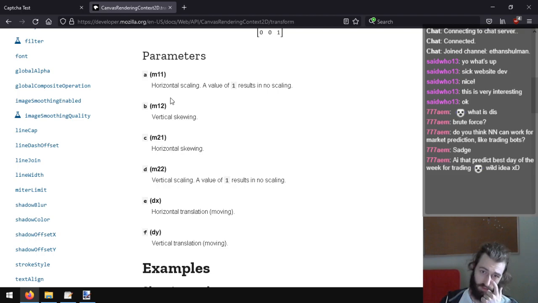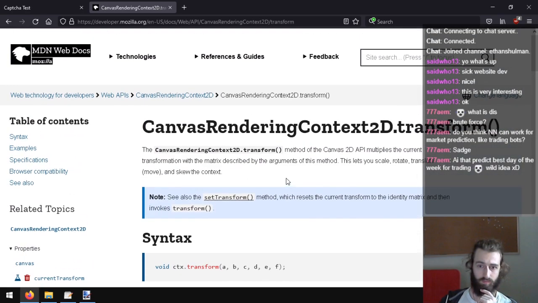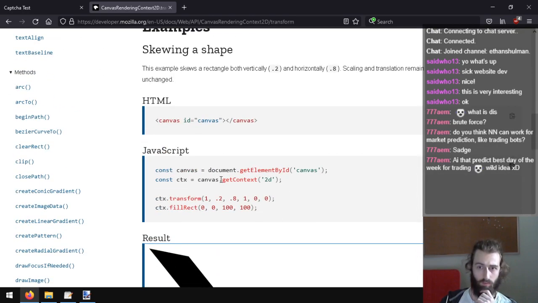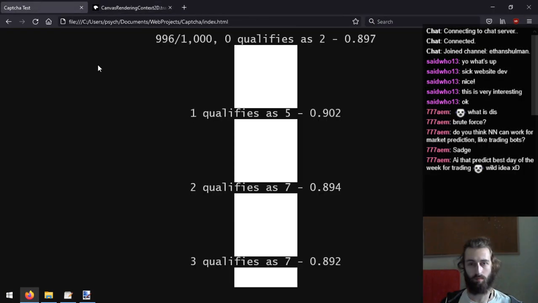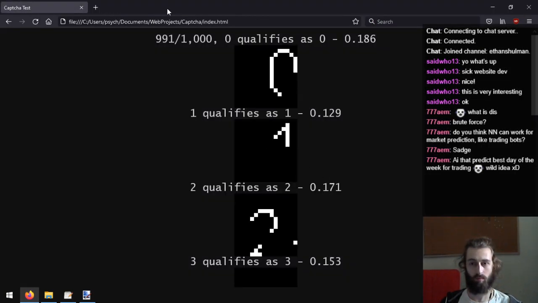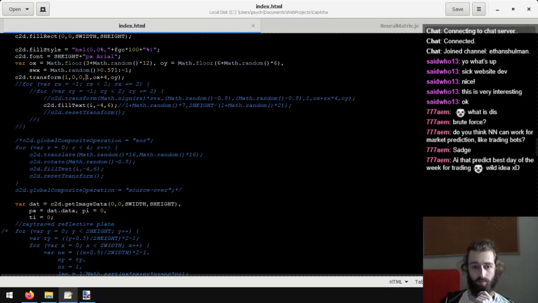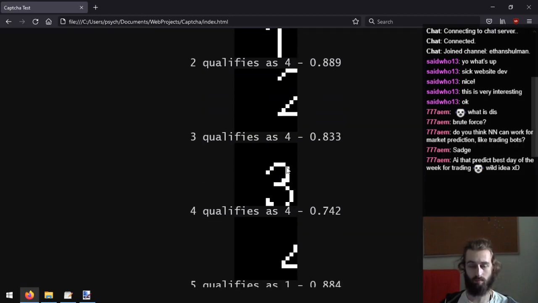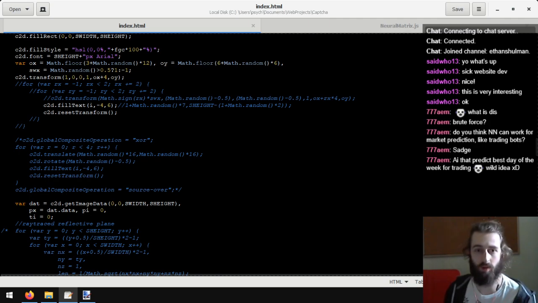Horizontal scaling, vertical skewing. Yeah, so this is the matrix. Wait, it's skewing. Oh my god, I'm dumb. There we go. Now, why is that cut off? Okay, they're offset too far off the screen.